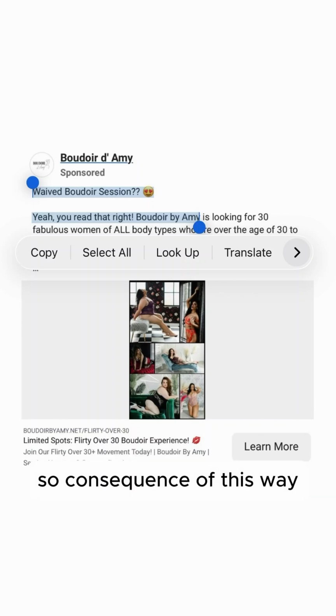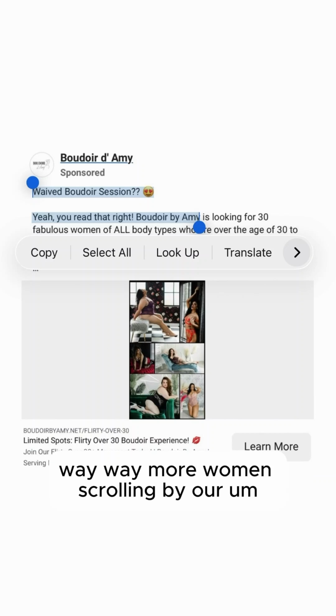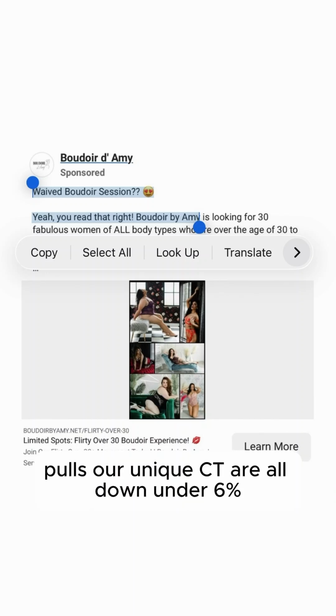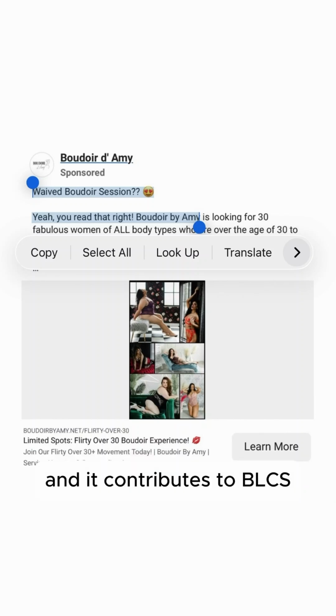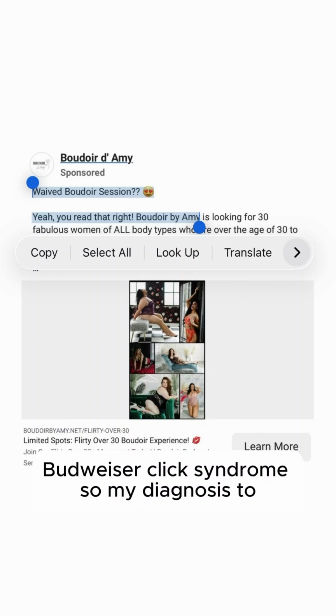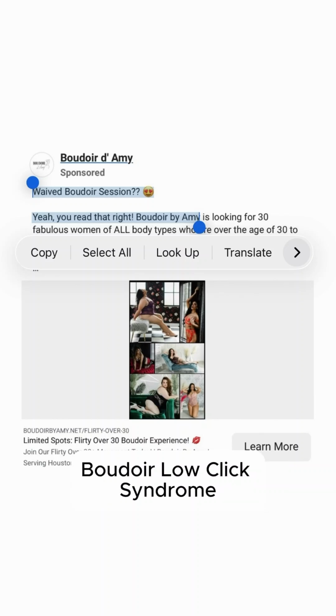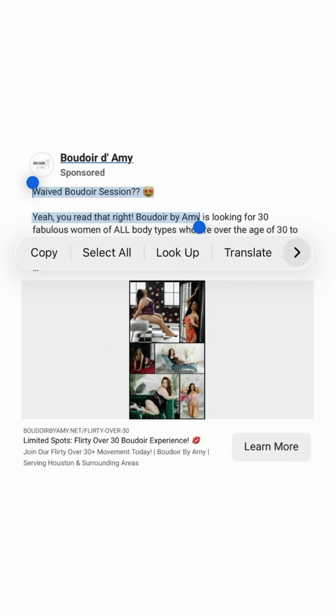So the consequence of this is way more women scrolling by our Boudoir Facebook ad than necessary. And as a result, it pulls our unique CTR all down under 6%, and it contributes to BLCS, Boudoir low click syndrome.